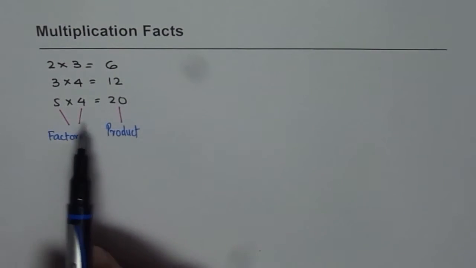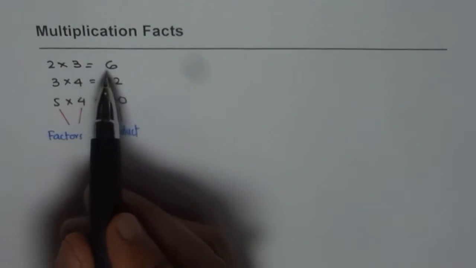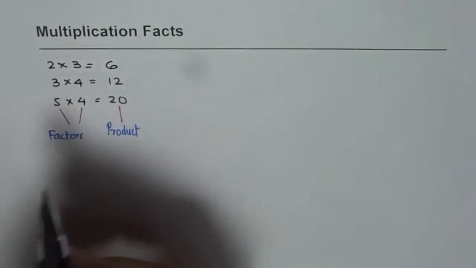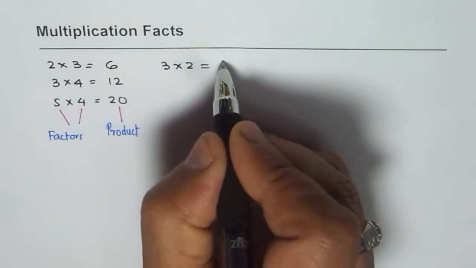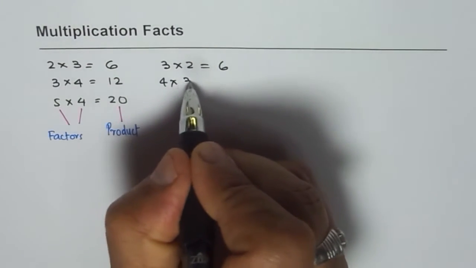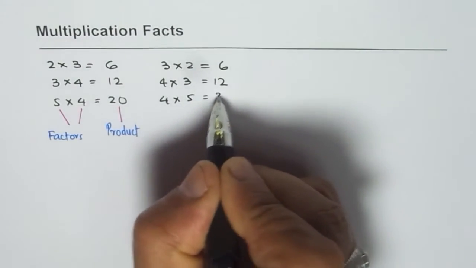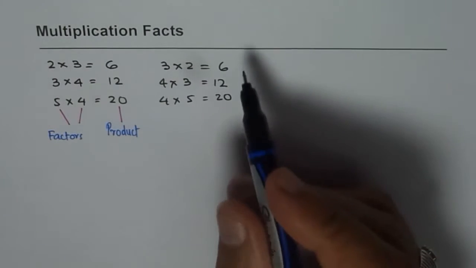Another thing we see here is a few other facts about multiplication. If I reverse the order, that is, if I do 3 times 2, let me write down 3 times 2, what do you get? You get the number 6 again. If I do 4 times 3, it is 12, and 4 times 5 is 20. So you get the same product.